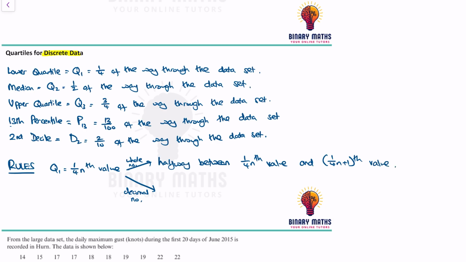If it's a decimal number, you round up and pick that value. So round up and pick that value. So it's best demonstrated using an example. The same thing works with, by the way, with Q2 and Q3.